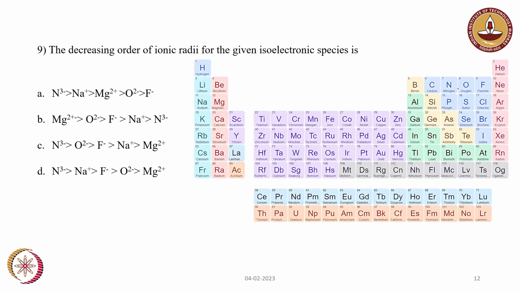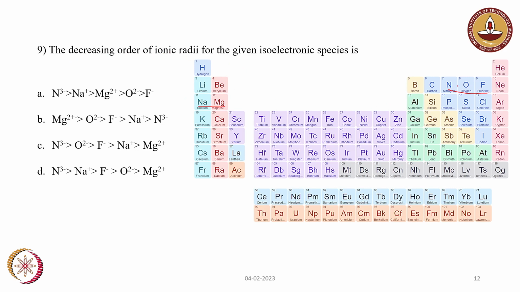We can find it from the periodic table: nitrogen, oxygen, fluorine, and sodium and magnesium. Isoelectronic species are species having the same number of electrons, the same electronic configuration. So here we are asked to find the decreasing order of ionic radii.